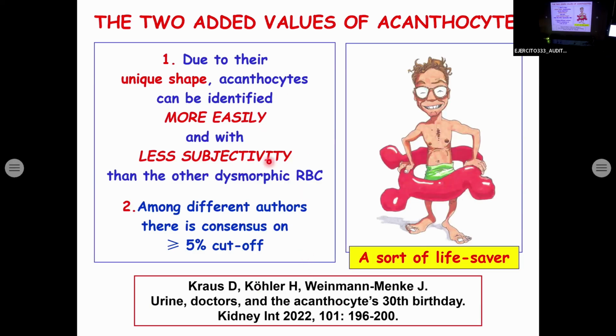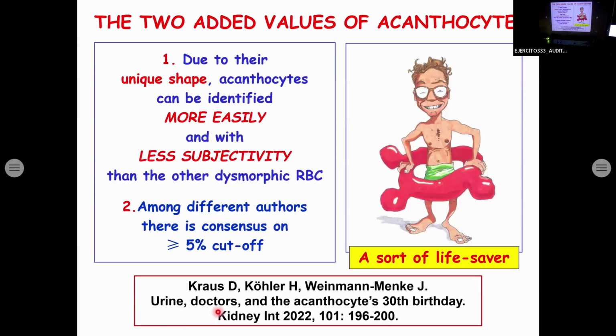Due to their unique shape, acanthocytes can be identified more easily and with less subjectivity than the other dysmorphic red blood cells. Added value number two, among different authors, there is a consensus on the cutoff of 5% or more. So for us, we can consider acanthocytes a sort of lifesaver.